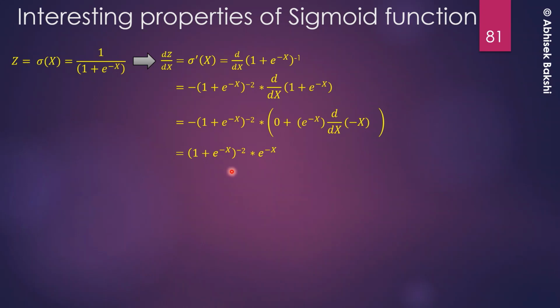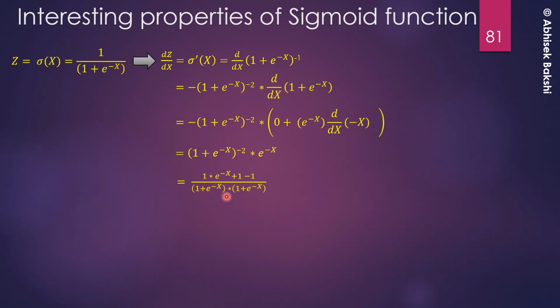So as a result, what will happen? We will see the result something like this, right? As a result from the whole thing. Now you see, I'm just trying to make it in a different way. We have here 1 plus e to the power minus x to the power minus 2. That means 1 by 1 plus e to the power minus x squared.